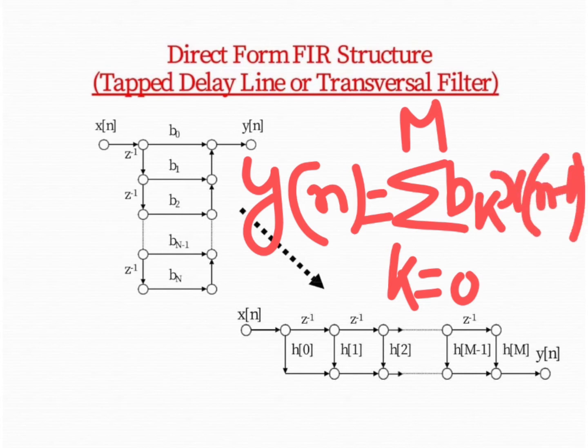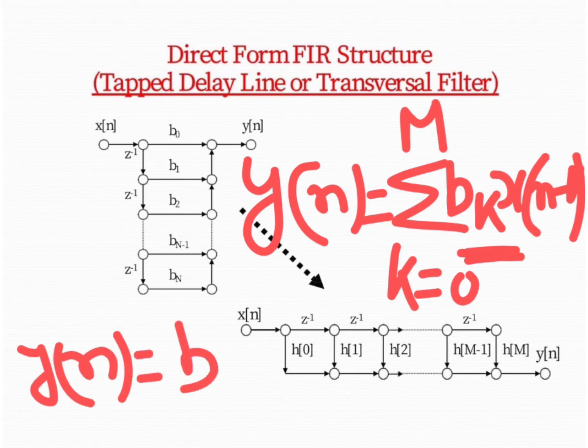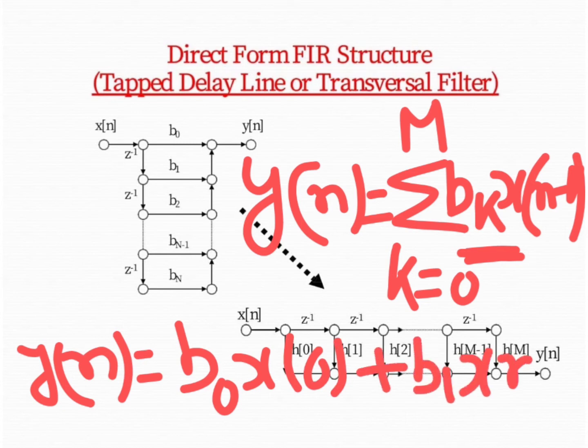For writing the zeros term, when we open this expression, we get y of n equals b0 x of n plus b1 x of n minus 1, and similarly till the length.